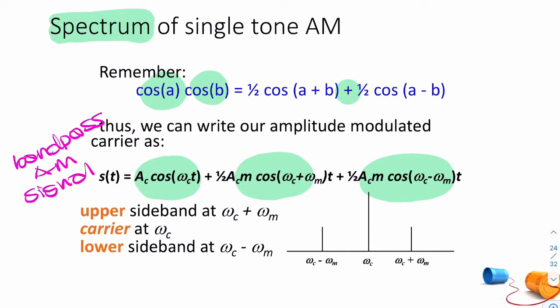The first component is simply the carrier. That's simply this. This second component is a frequency component at frequency omega c plus omega m, where omega c is the carrier frequency and omega m is the message frequency.